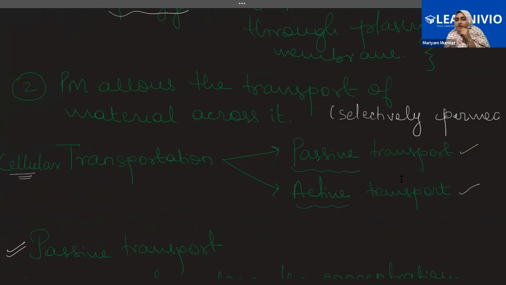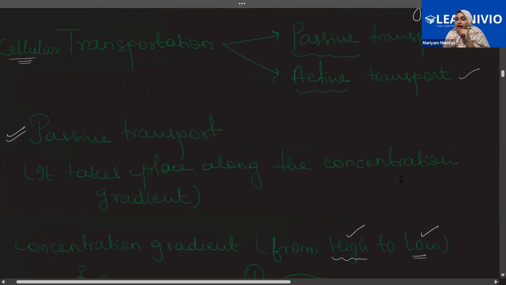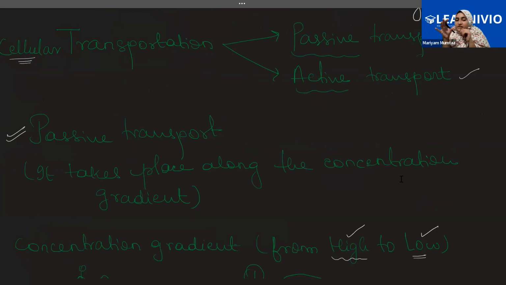Mostly it is of two types: passive and active transport. Passive is the one which does not require any energy. Here the movement of substances takes place from a region of higher concentration to a region of lower concentration, that is, along the concentration gradient, high to low.